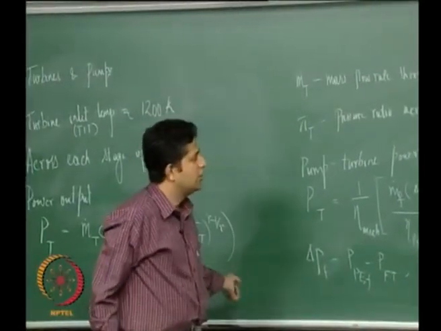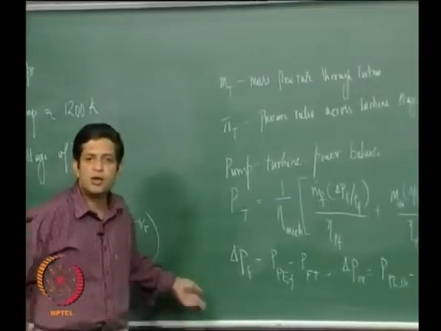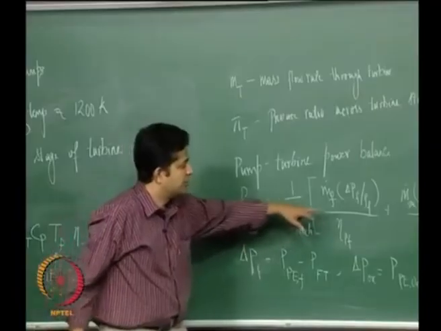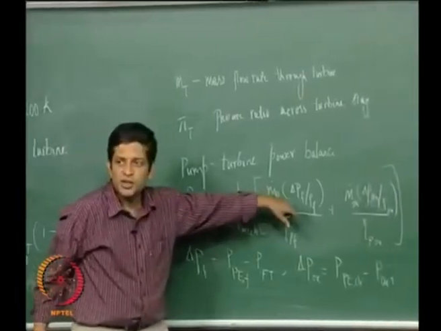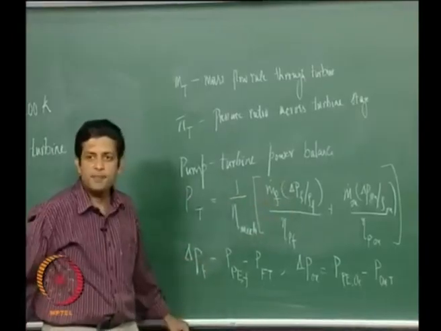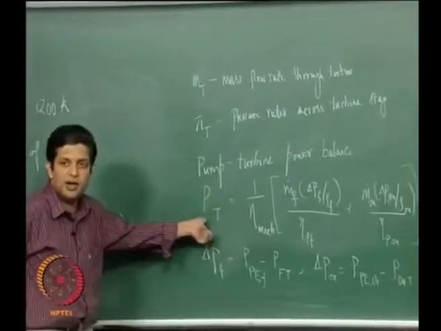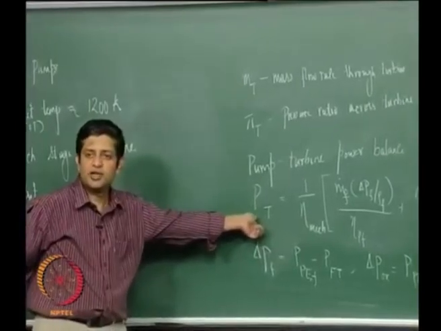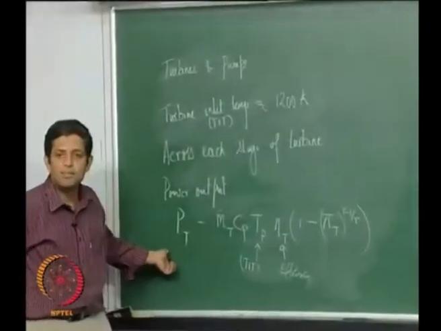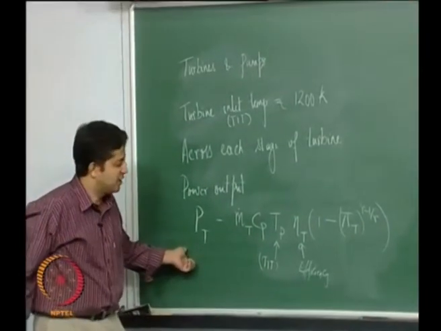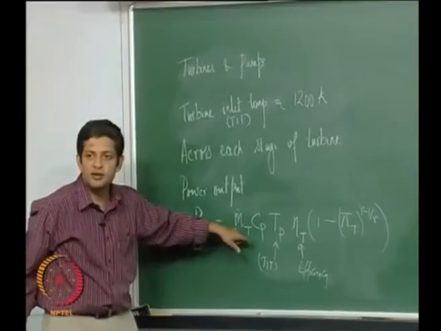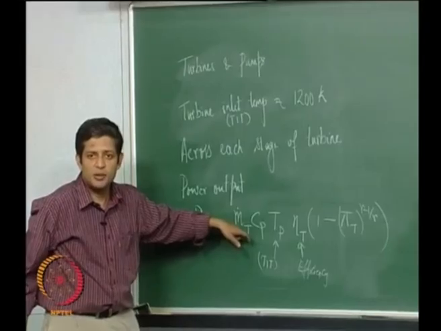So, by using this we can now calculate, we will know what is the mass flow rate of the fuel that we need, what is the pressure rise that we will need in the pump. So, we can calculate this part, power that is required by the pump, and if you equate it to the power delivered by the turbine, right, then you can calculate what is the mass flow rate through the turbine that you will need.